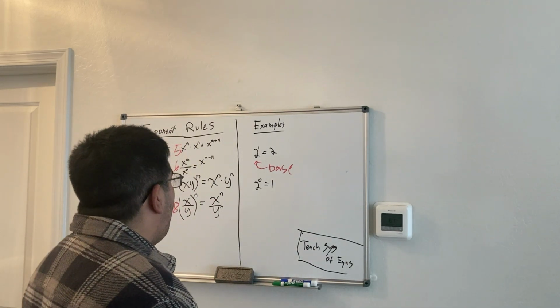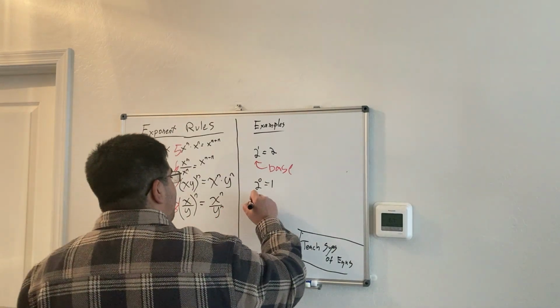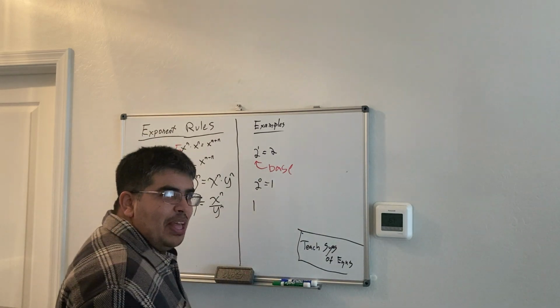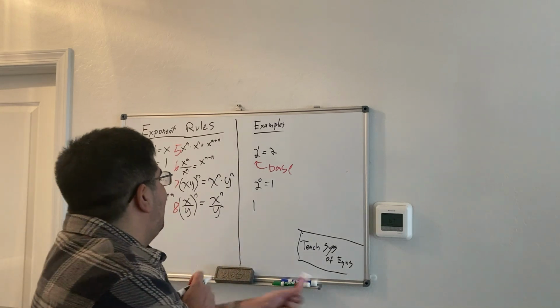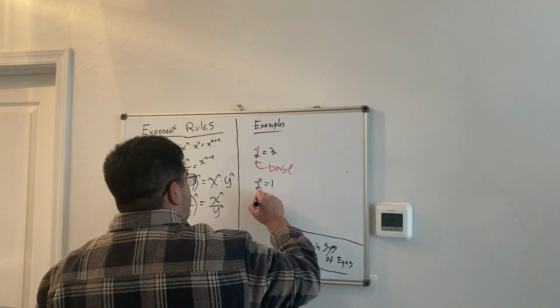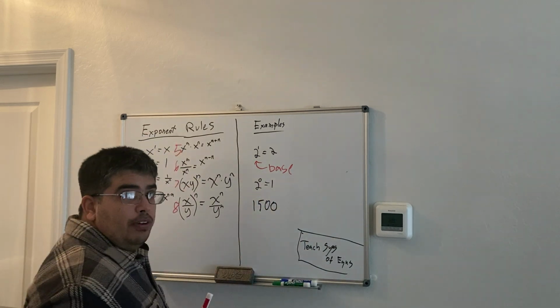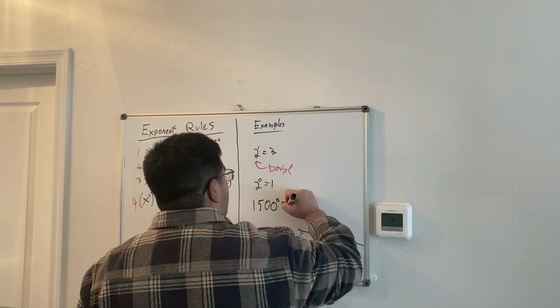So why is that important? Because any number, it can be 1 billion, or let's say, I don't want to write 1 billion, so I'm going to instead write 1,500. If it's 1,500 to the 0th power, that's going to equal 1.